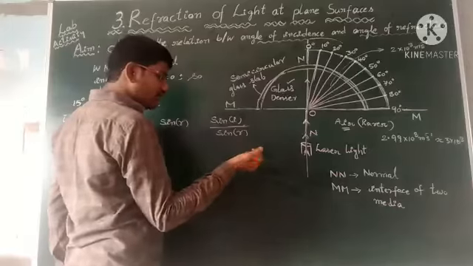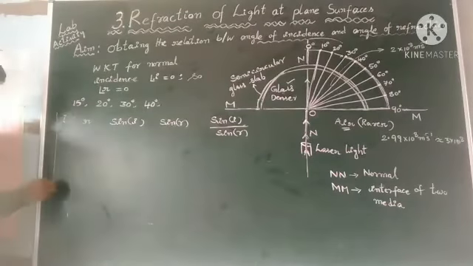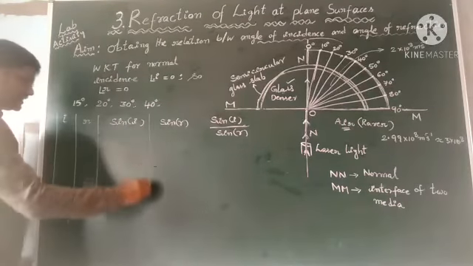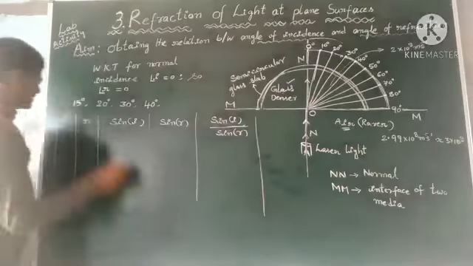Check the ratio of sin I by sin R every time. So I, R, sin I, sin R, and the ratio of sin I by sin R.